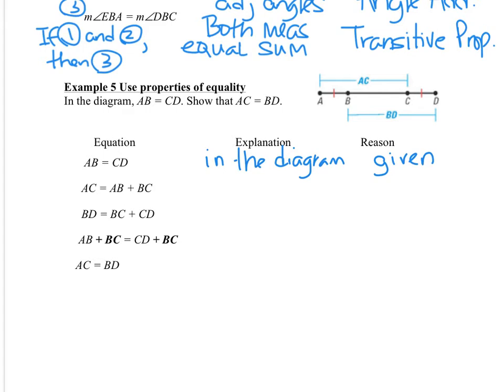Just like before, I see that I have two segments, AB plus BC equals AC. I'm adding segments together. I have adjacent segments, just like we had adjacent angles.